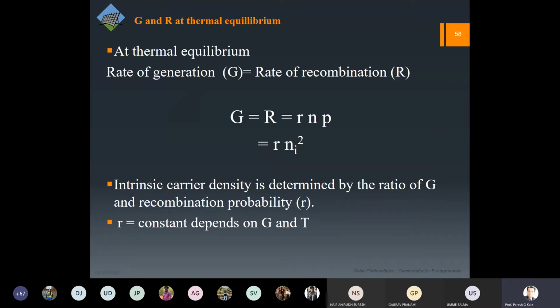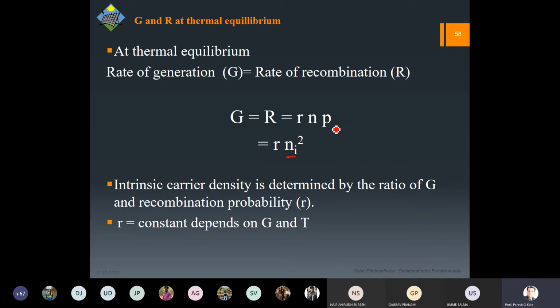At thermal equilibrium, because there is no extra electron or extra hole available, whatever is being generated is getting consumed, that is, recombined. So the rate of generation must be equal to the rate of recombination at thermal equilibrium. And this depends on the Ni ratio.